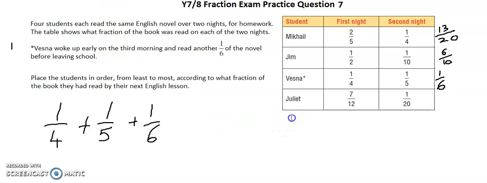Here I'm just going to skip count by 4s. 4, 8, 12, 16, 20, 24, 28, 32, 36, and 40. I've got a gut feeling it's going to be 40.